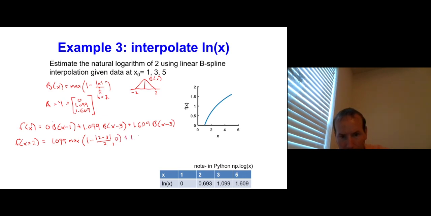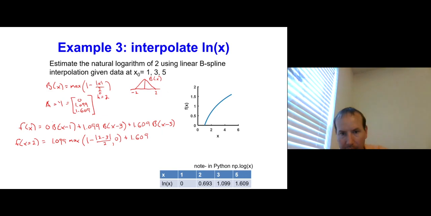And then the third basis function here is 1.609, but we know that after 2 it goes to 0, and x minus 5 is definitely all the way past that, and so that's all going to be 0.